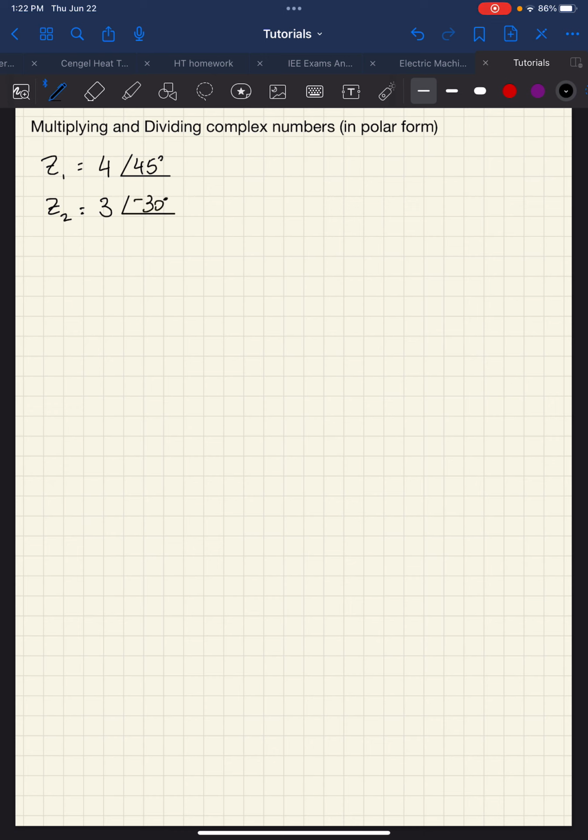All right. So let's say multiplying. Z1 times Z2. Basically, you're going to multiply the magnitudes, and you're going to add the phase angles. I'll say it one more time: you multiply the magnitudes, and then you add the phase angles.